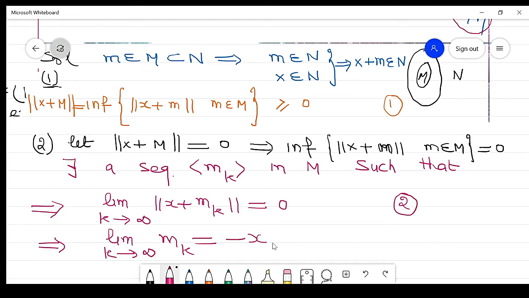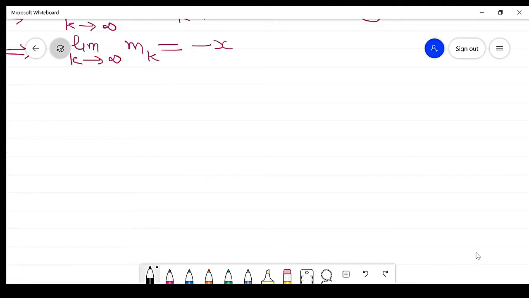Now what is m_k? This m_k is a part of capital M, clear? And minus x is the limit point of this sequence. So minus x will be the limit point of M. If minus x is the limit point of M and M is closed, then minus x belongs to M, clear?